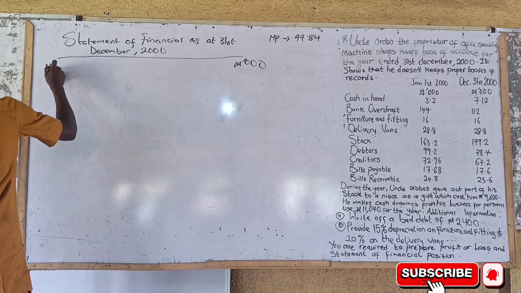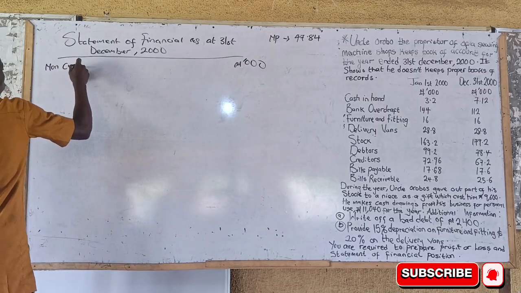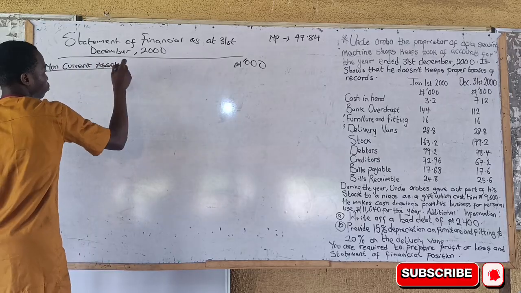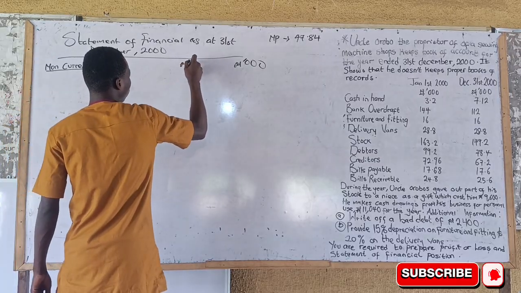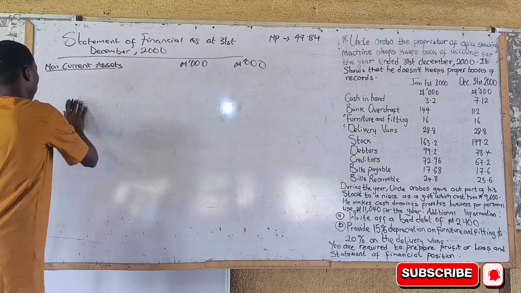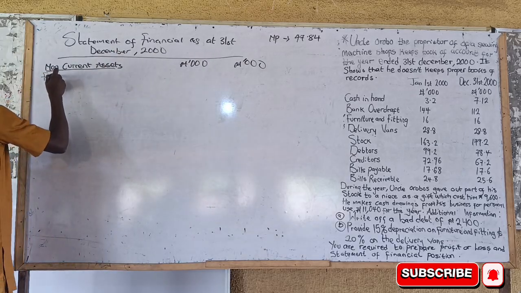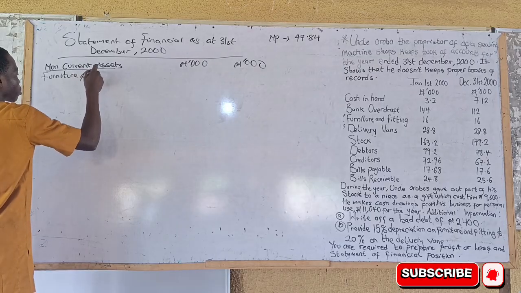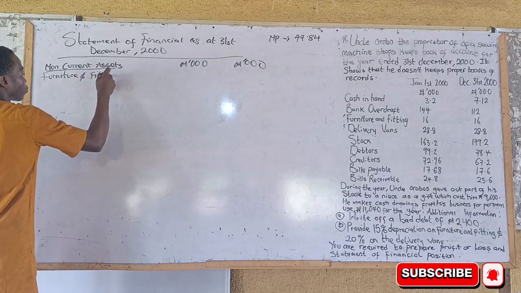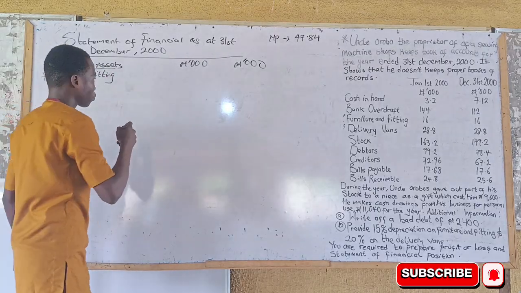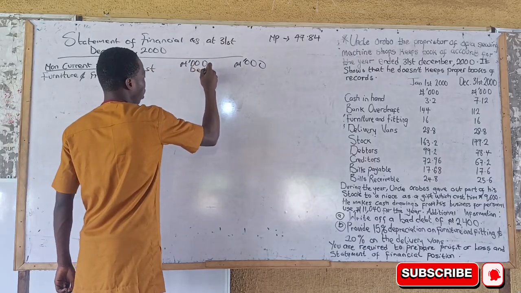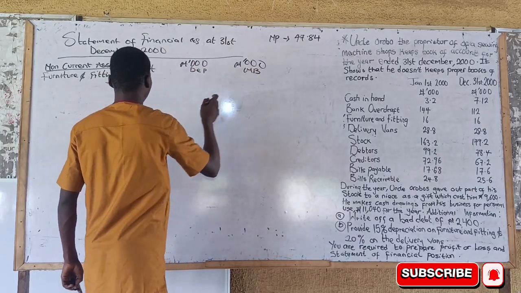Starting with our non-current assets. So we have furniture and fittings. Now don't forget, I said it the other time, cost, depreciation, and net book value.